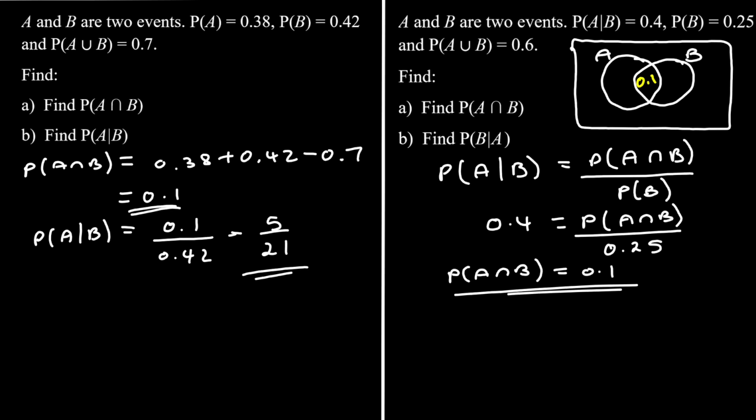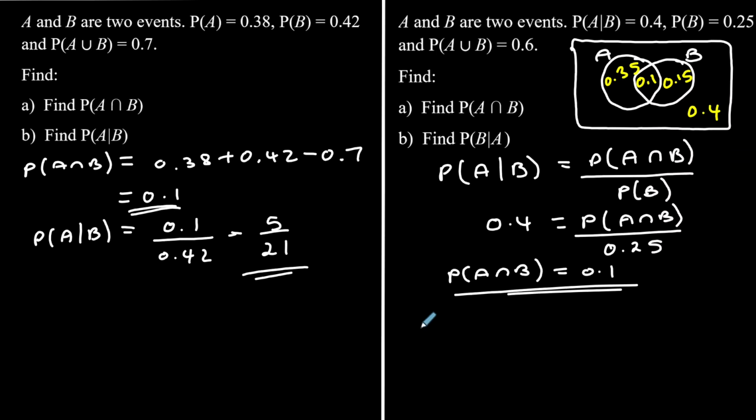B is 0.25, another 0.15, and the whole union is 0.6. So outside 0.4, we've got 0.25 so far. We need another 0.35. So now we have all the information.